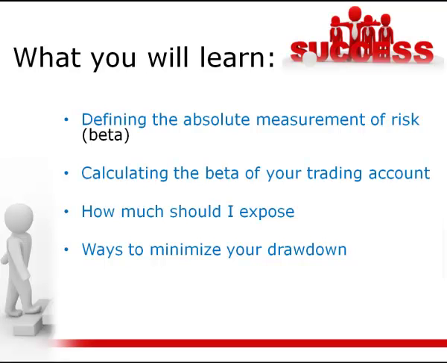We refer to this as the beta of your portfolio, or the standard deviation, which is the systematic risk, the risk that you cannot remove from your portfolio. You'll learn how to calculate it, and then you will understand how much you should expose on a single trade, and then we'll also explain a few ways to minimize your drawdown.